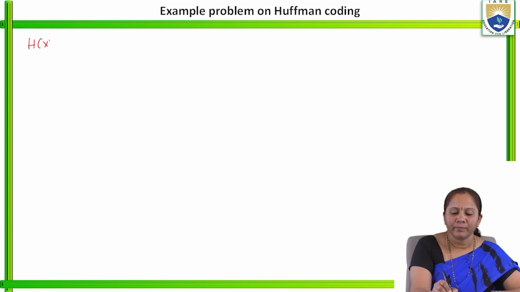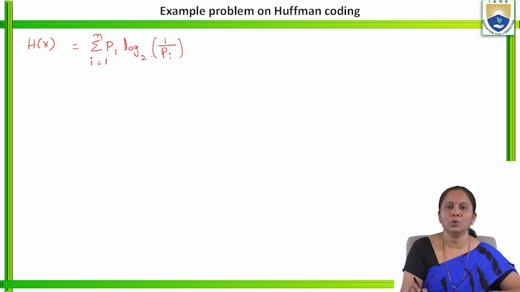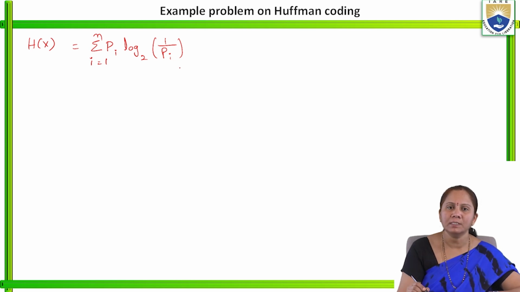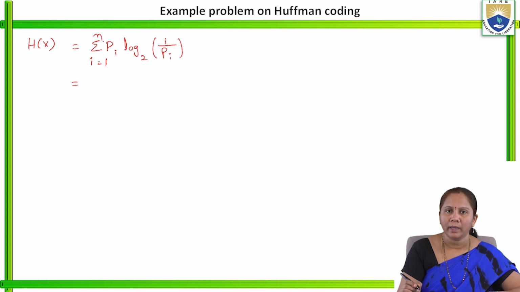To find H of x, we have the formula: sigma i equals 1 to n, pi log 1 by pi base 2. Here pi represents probability. The n value will be 8 because 8 symbols are given, from R0 to R7.